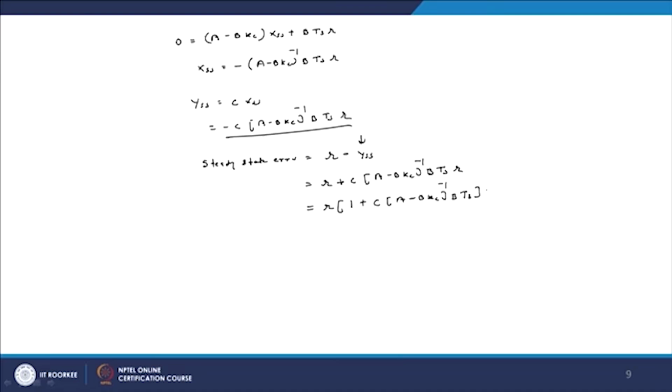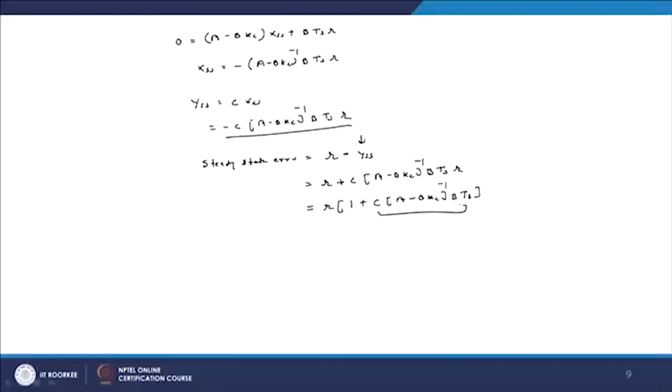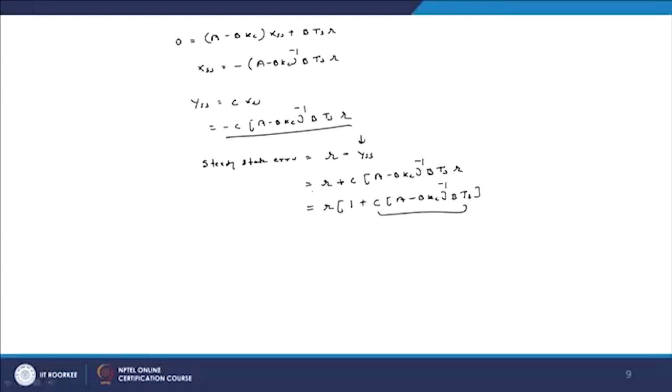Now what we want is that the steady state error must be equal to 0. So when is this possible? This is possible if this is equal to minus 1. If this is equal to minus 1, this equation is what is called the steady state error, and we want this particular error to be 0.